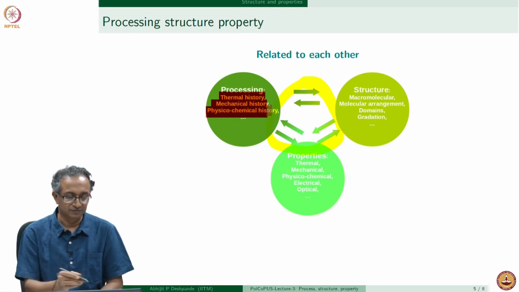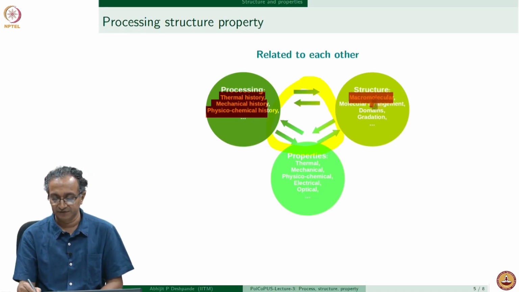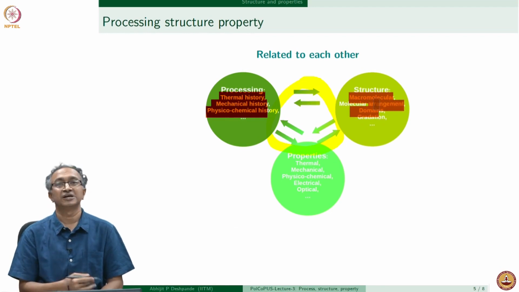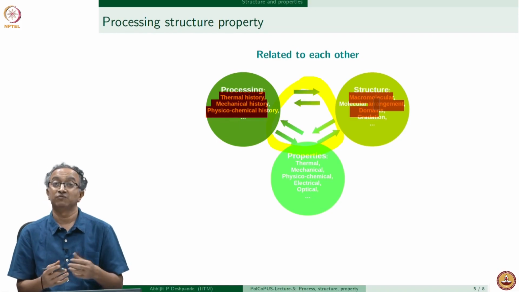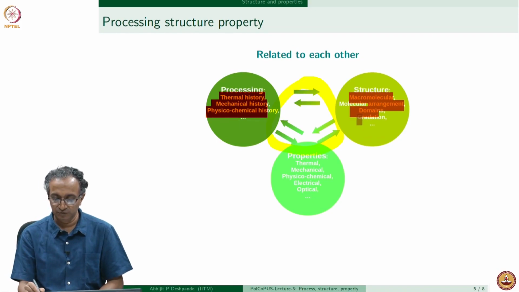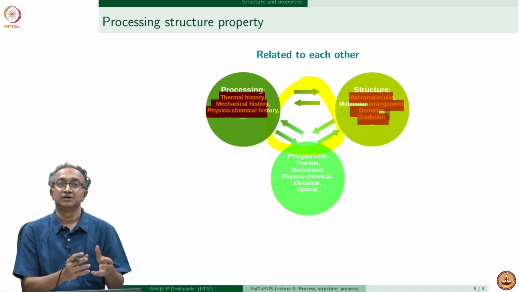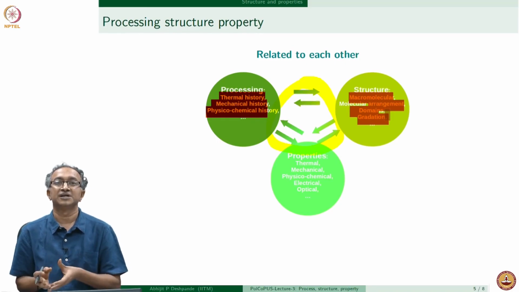When we say structure, we look at the molecular structure in terms of arrangement of molecules, in terms of domains, whether it's crystalline domain or amorphous domain, or maybe one particular polymer mixed in another polymer, and also whether there is gradation in terms of compositional difference. One part of the component may have a lot more fiber compared to the other part.